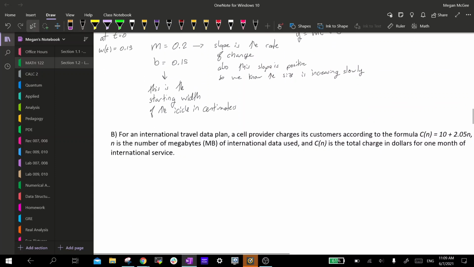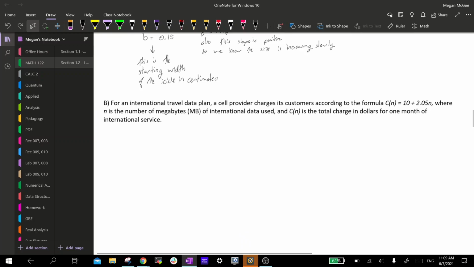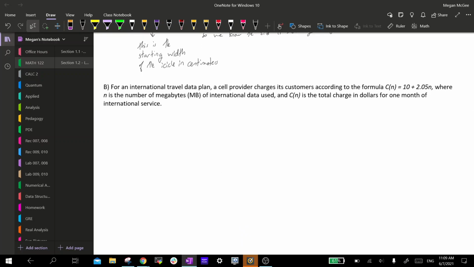All right, so now let's do it again for part B. So now we have an international travel data plan. And the cell phone provider charges its customers according to this formula. Okay? N is the number of megabytes of international data used, and C of N is the total charge in dollars for 1 month of international service.